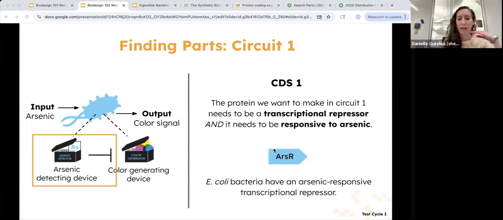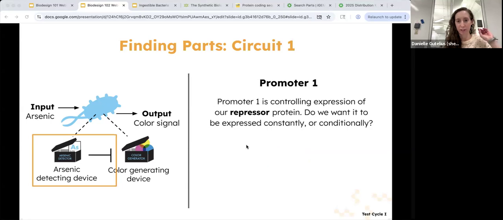Okay. All right. So we have our coding sequence for circuit one. We know we want the ArsR repressor protein. All right, so now let's think about our promoter options for circuit one. So we need to decide what type of promoter to use to control expression of our repressor protein. So we need to think about when we want our repressor to be expressed.